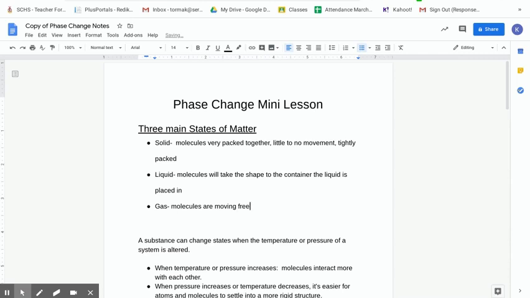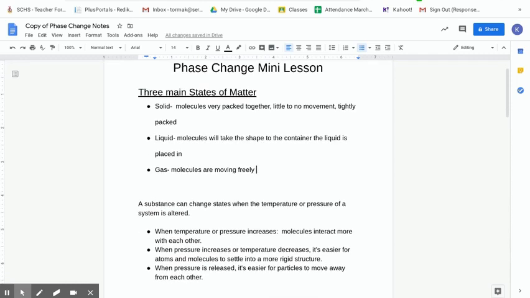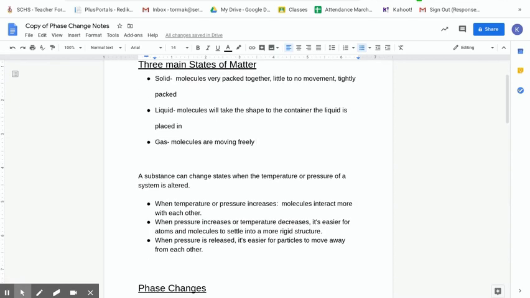So something we did at the beginning of the year was draw a picture of each of these things. And we will do that in the next part, going from solid to liquid to gas. I will show you in a picture how these things will look. But we're more focused today on how a substance can change states from a solid, liquid, or to a gas.